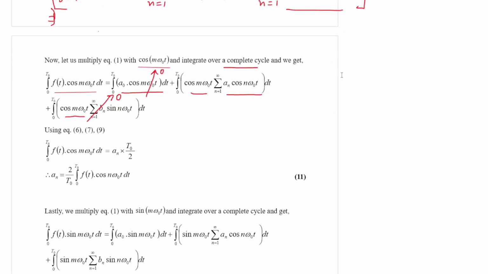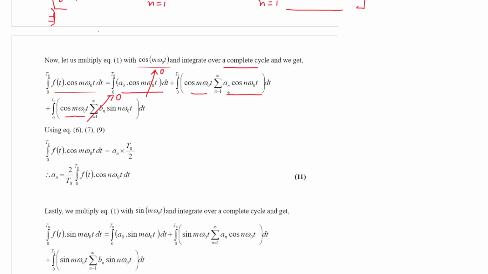So what is actually left in this expression? What happens with this term? We have cos m omega naught t and cos n omega naught t, where n varies from 1 to infinity. Whenever n is equal to m, this will give you the value T0 by 2.